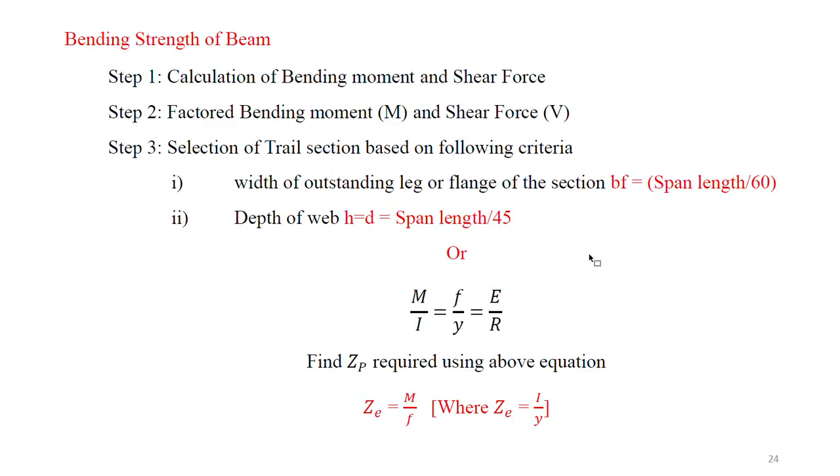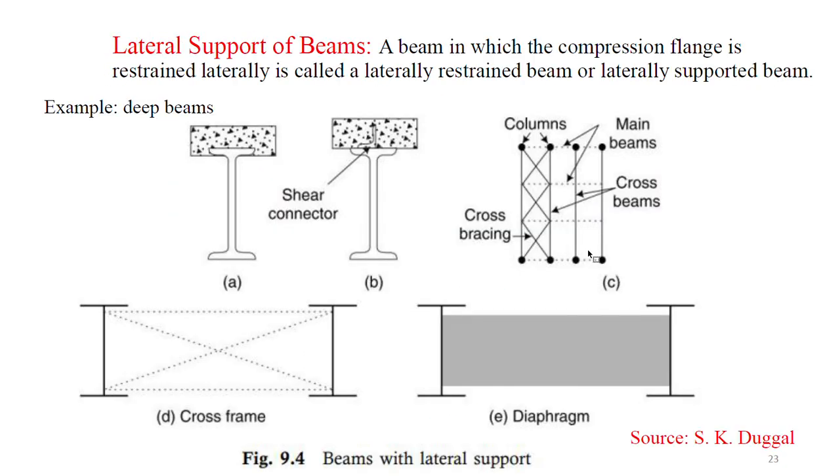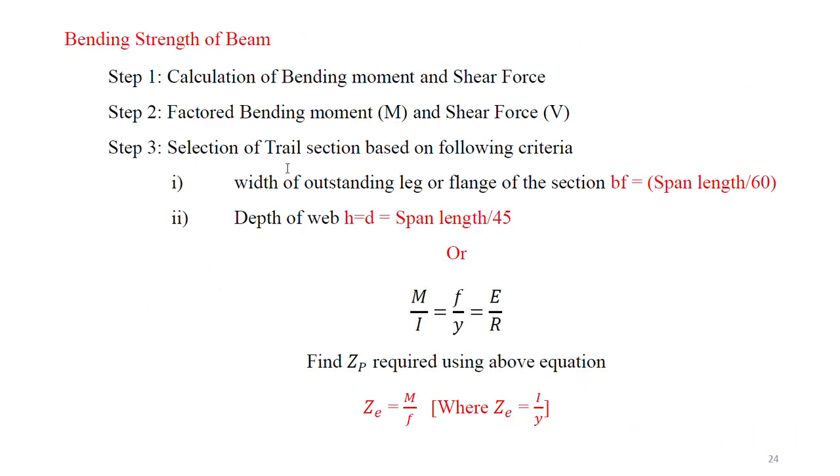And after knowing all these things, we can go for the design of the beam. To overcome all these deflections and also overcome the moment failures, crippling or buckling failures, we take the minimum load. We find the maximum strength which can be carried by the beams.